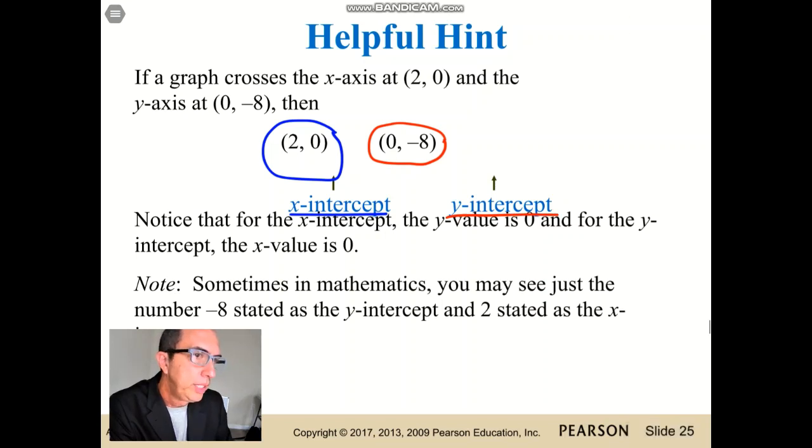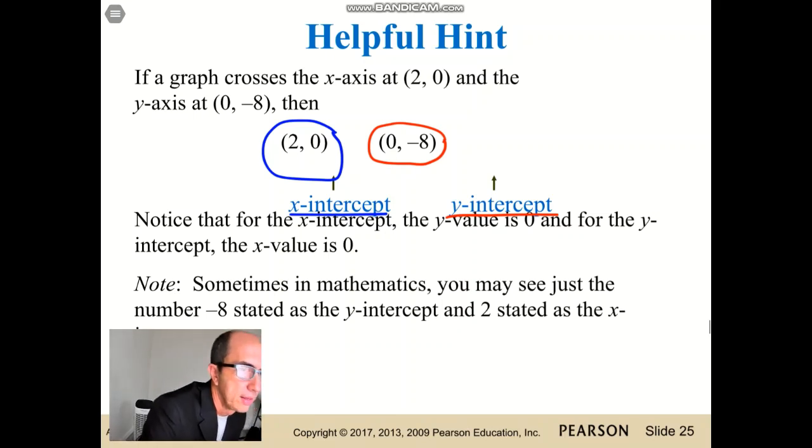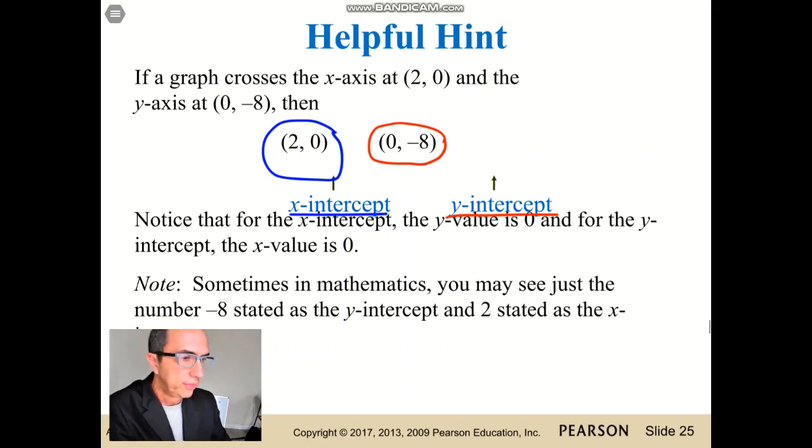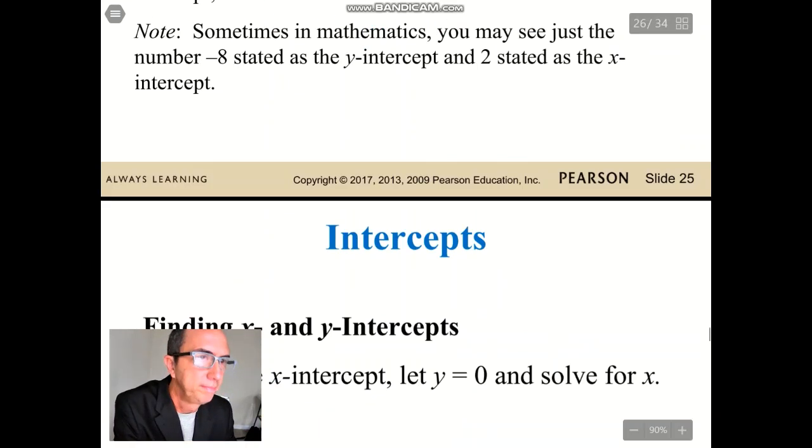That means this point here is where the graph intercepts the x-axis, and this point here is where the graph intercepts the y-axis. Sometimes you may see just the number -8 as the y-intercept and 2 as the x-intercept. We usually, during our course, represent the order pair, but sometimes you can find just the number to say this is the y-intercept and this is the x-intercept. Okay.